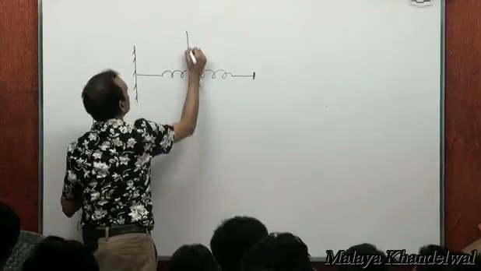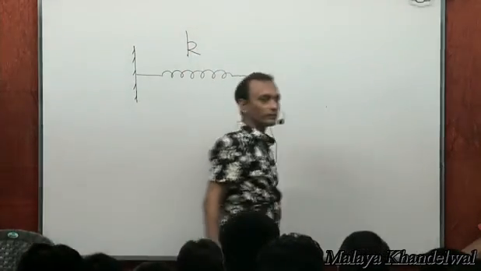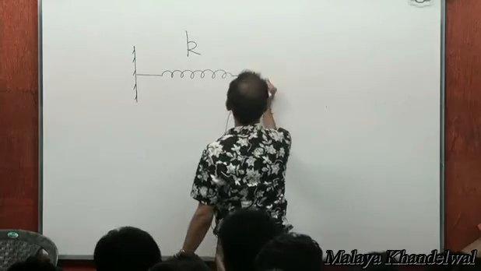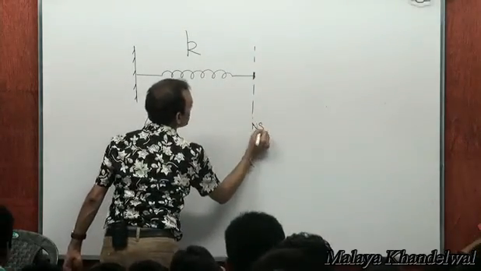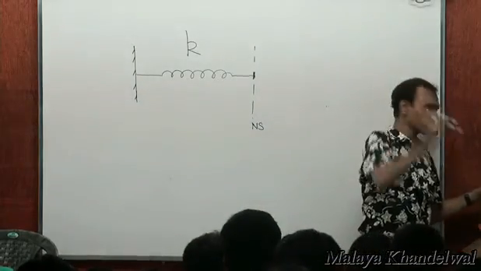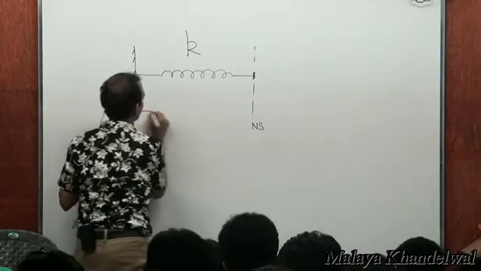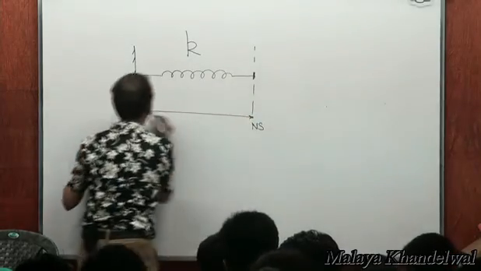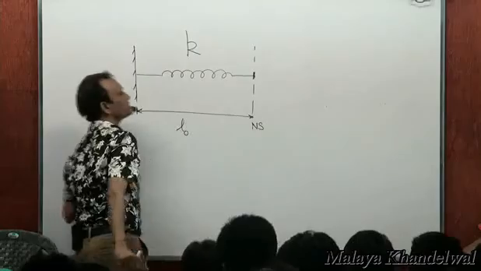Say this is a spring with force constant K, and say this is the natural state of the spring. Let's say L naught is its natural length.